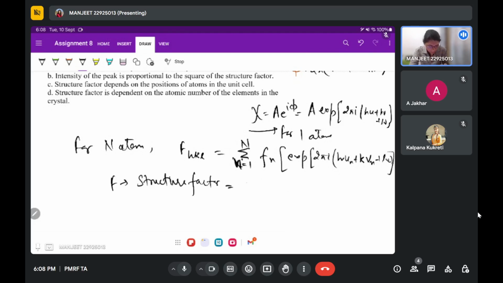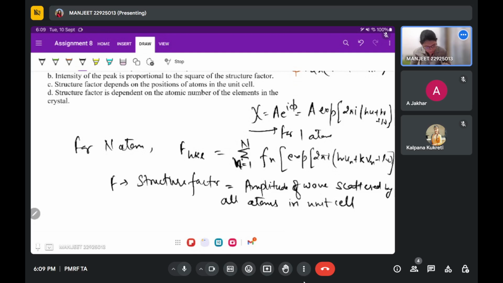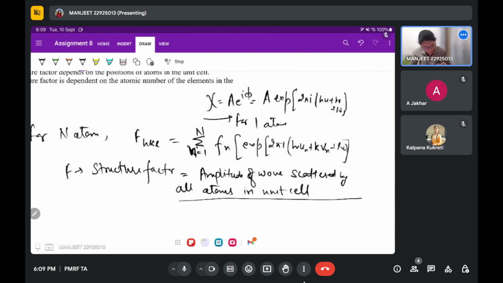This equals the amplitude of the wave scattered by all the atoms in the unit cell, divided by the amplitude of the wave scattered by a single electron.